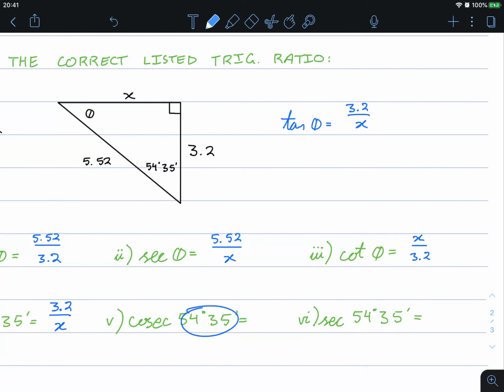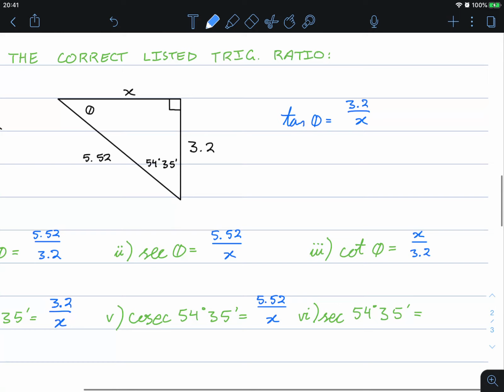Cosec of this angle, well, cosec relates to sine, so it should normally be x over 5.52, but cosec is the reciprocal of that, so it's going to be 5.52 over x. And lastly, sec of that angle is normally adjacent over hypotenuse. So this time it's going to be the reciprocal, so 5.52 over 3.2.